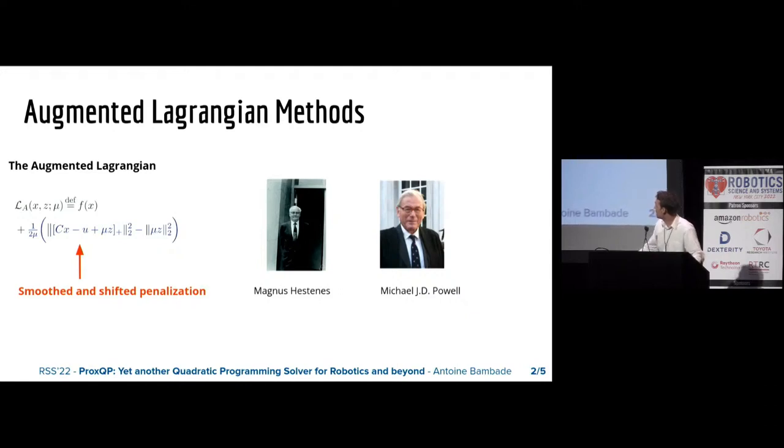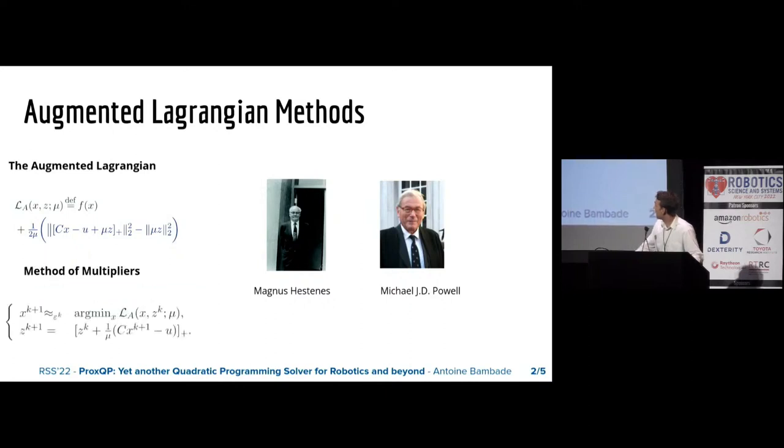This merit function, introduced by Hestenes and Powell, is the basis of the method of multipliers, which can be used for solving the original QP problem. The first term in blue constitutes a smooth penalization of the constraint with respect to a shift defined by the multiplier z. The problem of this method is that xk is not guaranteed to converge, which can be troublesome for some robotic applications like motion planning.